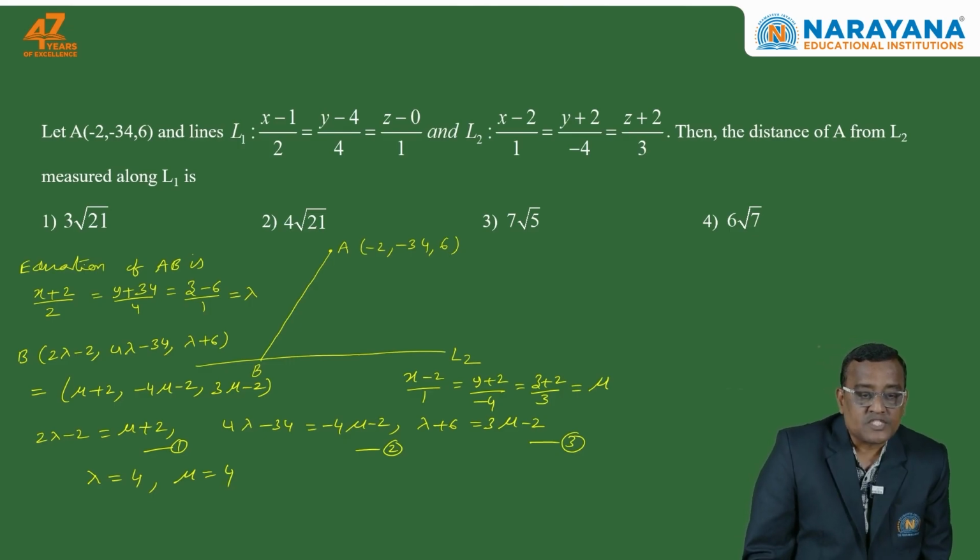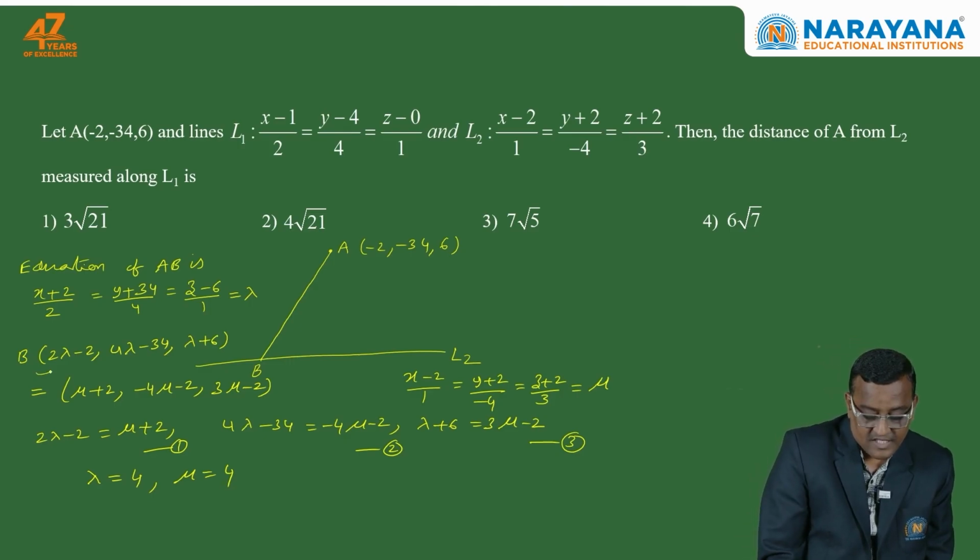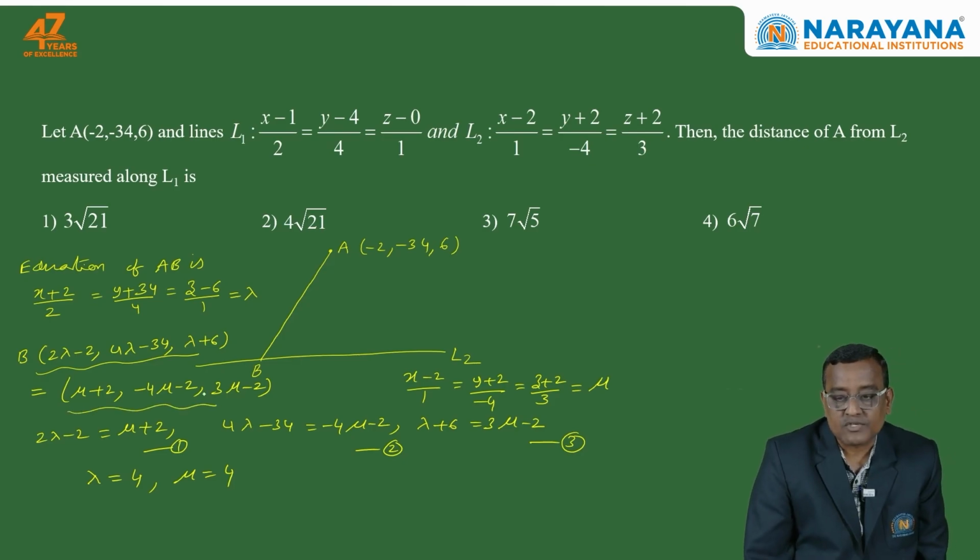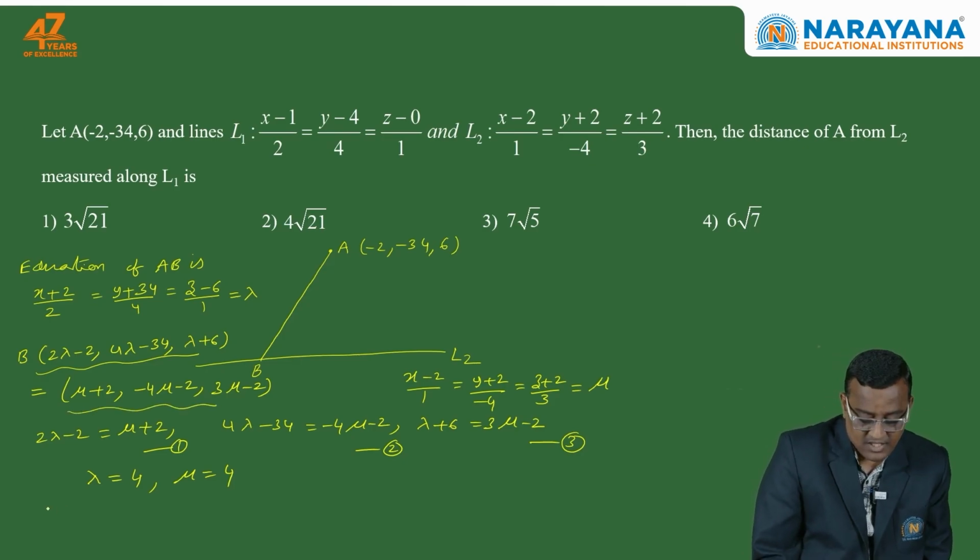Now substitute this lambda here or mu here, both will give the point B only. So now the coordinates of B are 2 lambda minus 2, lambda is 4. So 2 lambda minus 2 becomes 6, and 4 lambda minus 34 is 16 minus 34, that is minus 18, and lambda plus 6, 4 plus 6 is 10.